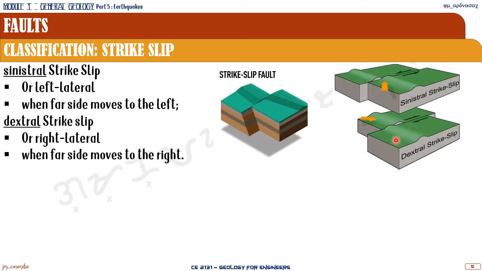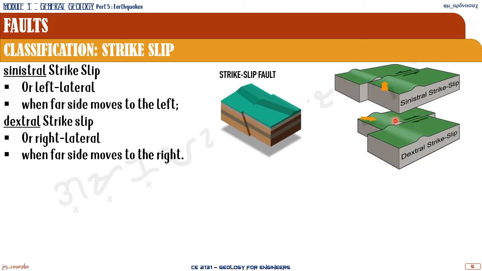So likewise, for dextral slip, if I'm standing here facing the other block, then I would see a block that is moving towards the right, and the same, if I'm standing here facing this block, I will be seeing the block or the plate moving to the right side.